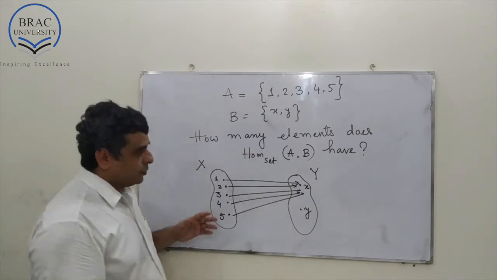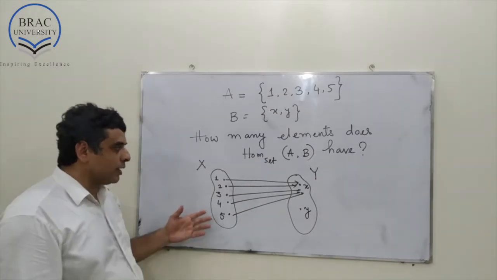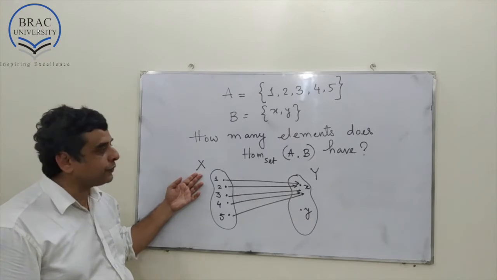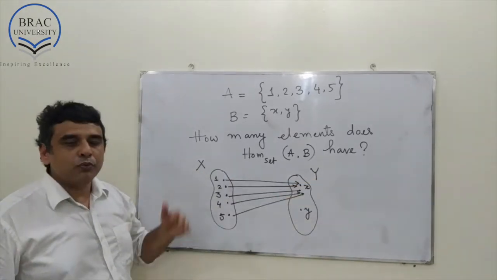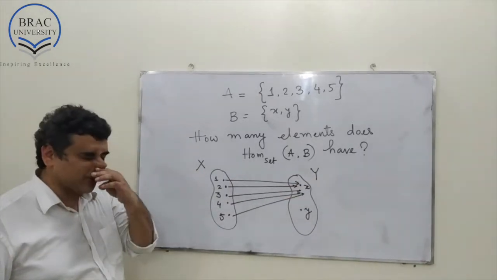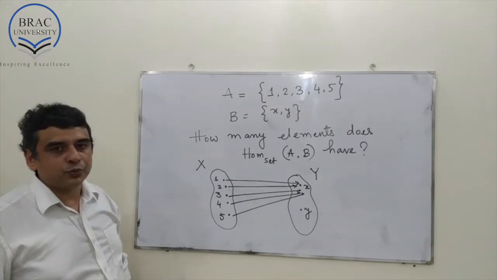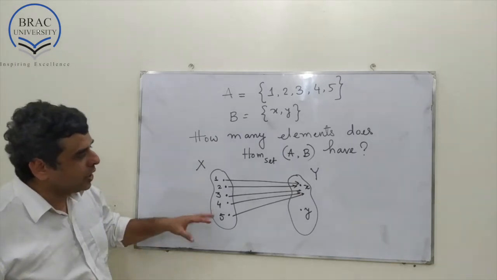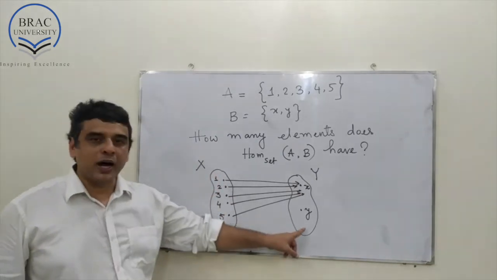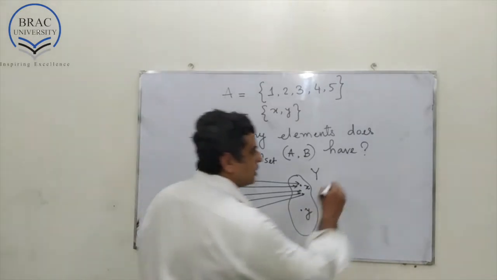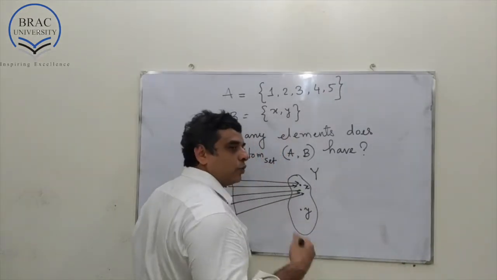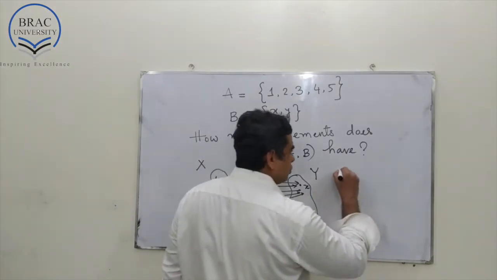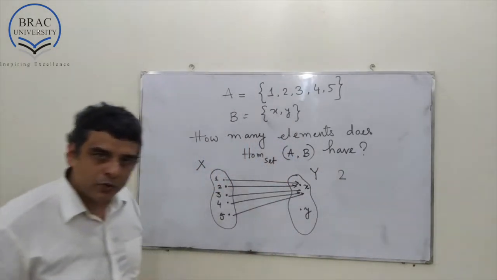So, if we want all the 5 elements to be mapped to a single element of B, how many ways can we do it? There are 2 precise ways. This is one way. Another way is where all these 5 elements are mapped to y. So there are 2 ways.